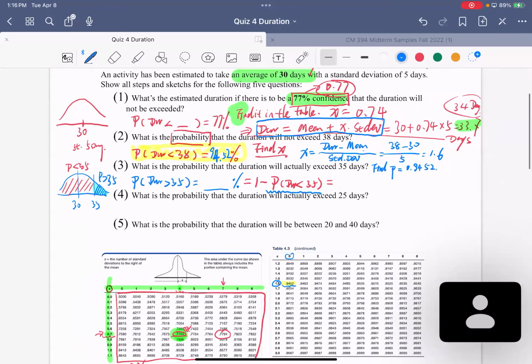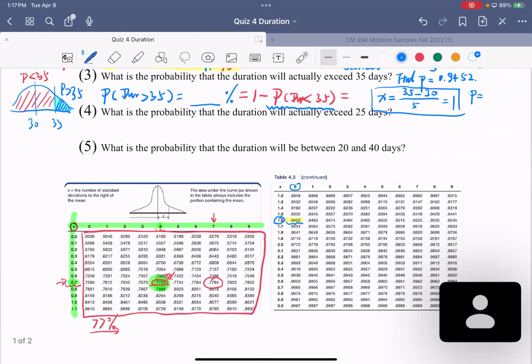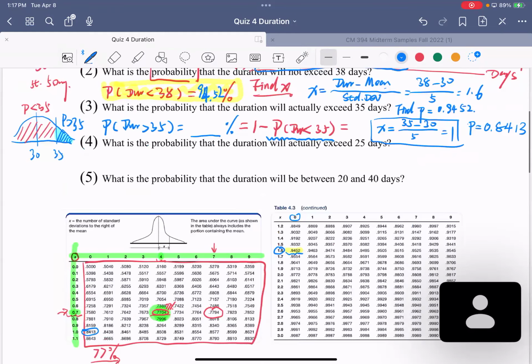That is really easy. That is using X equal to 35 minus 30, divided by 5, you get a 1. So basically x is 1, then you find the P is equal to here, right? 0.8413, and then this is equal to 1 minus this number, right?